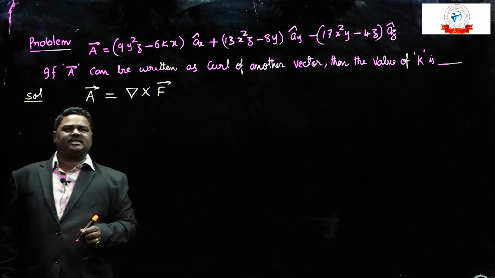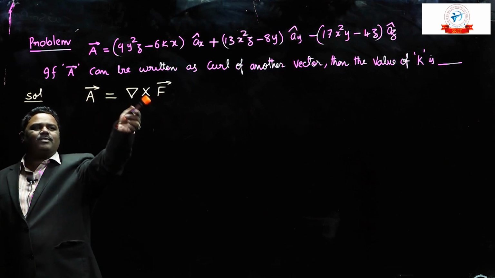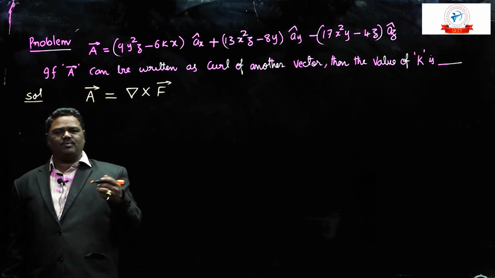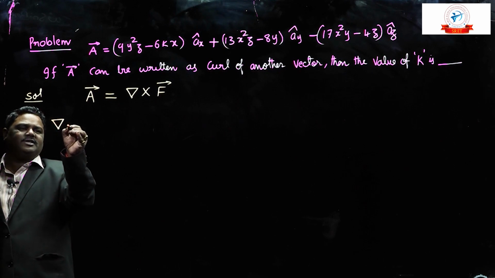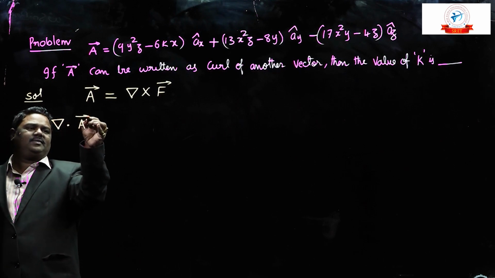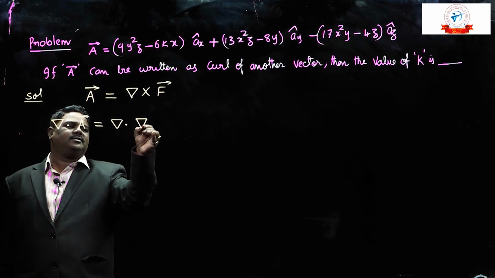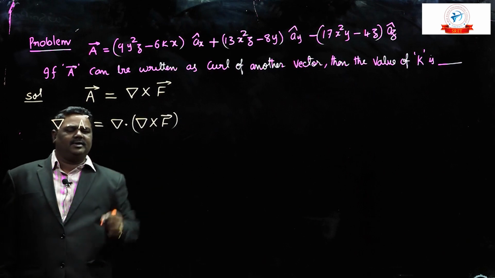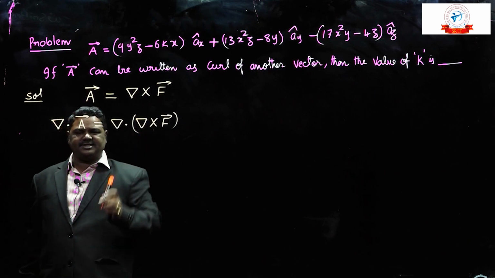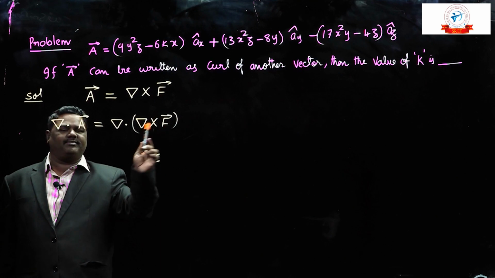Okay. So just consider this equation that is given in the question. Let us apply divergence on both sides, just like differentiating on both sides. So divergence of A bar is equal to divergence of curl of F bar. Now just observe the right side: we have divergence of curl of a vector F bar.